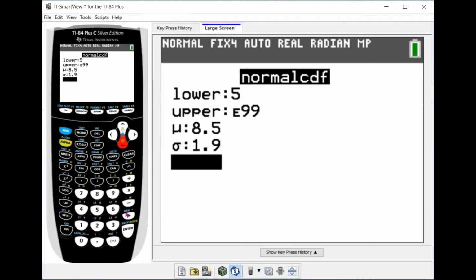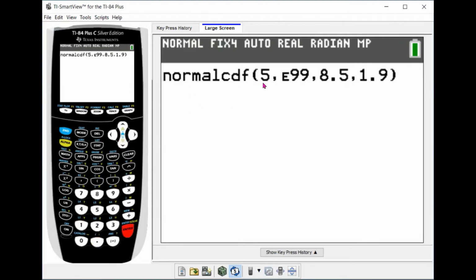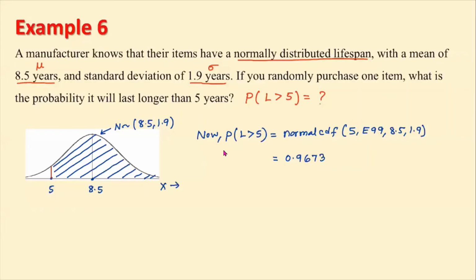We paste this, and you will see what we have written on the paper. Then we press enter to get the value, which is 0.9673. So the probability that the lifespan will be greater than 5 years is 0.9673, which is 96.73% of the total area under this normal curve.